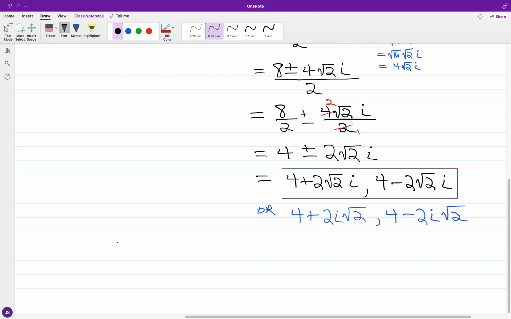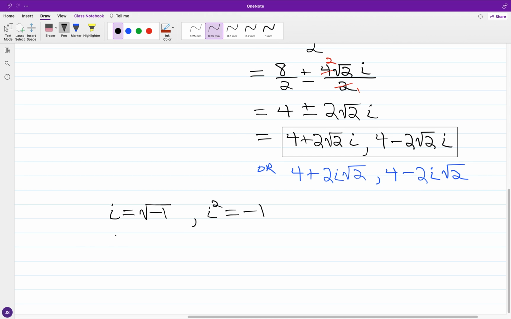And again, we have with i the square root of negative 1, and i squared is equal to negative 1. And for the standard form of a complex number, I have a plus bi.